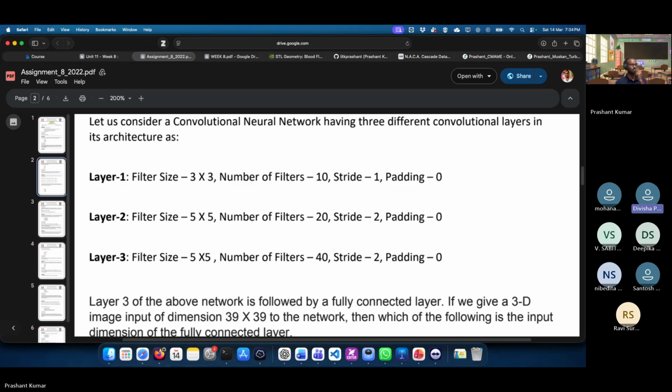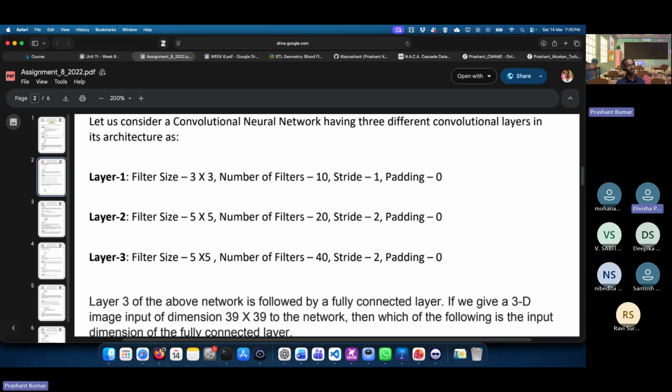So from 39 we have to calculate for the first layer first, right? 39 minus 3, stride, padding is always 0, plus 1. That gives 37 by 37, the first output.